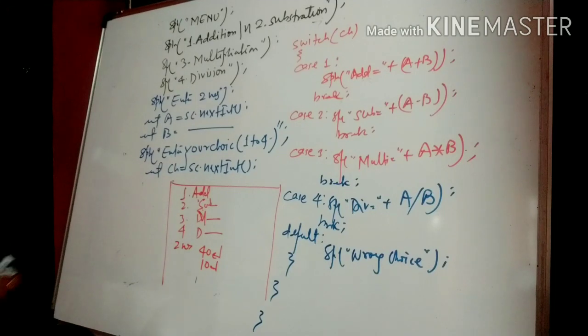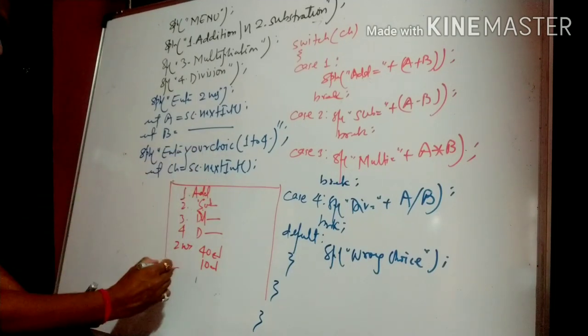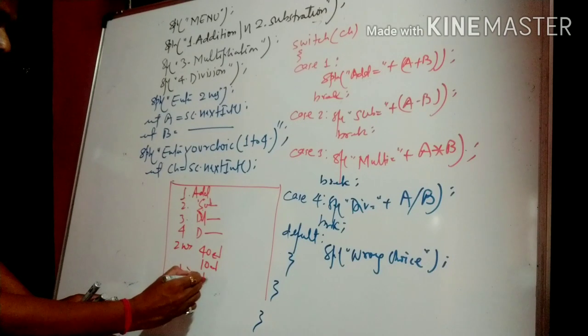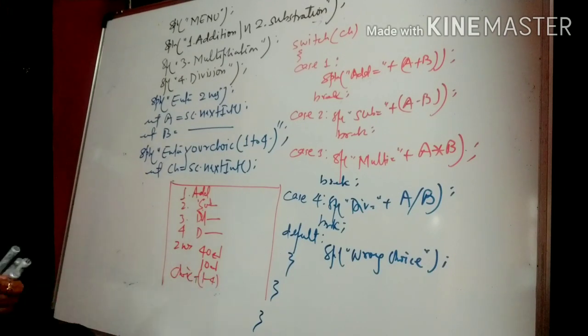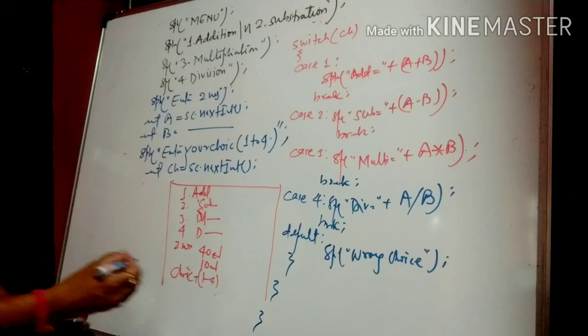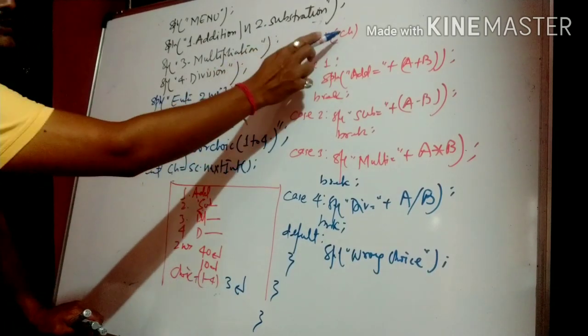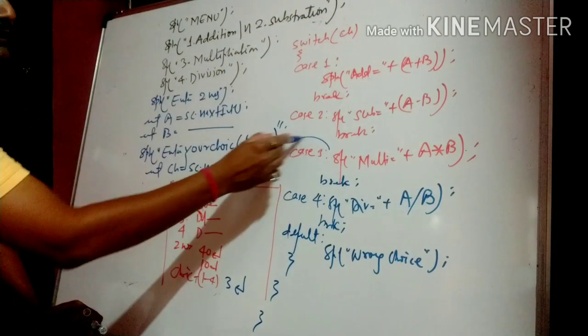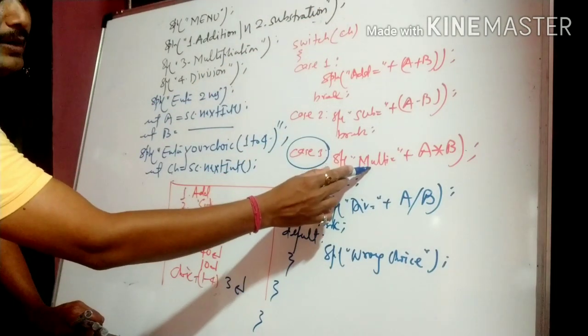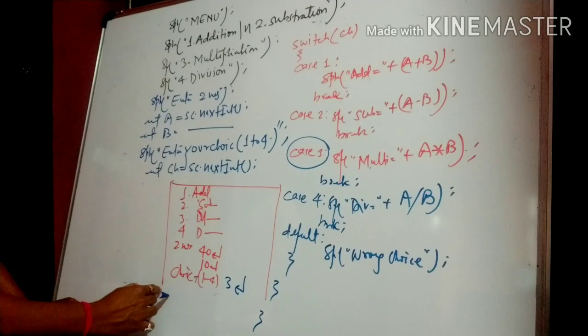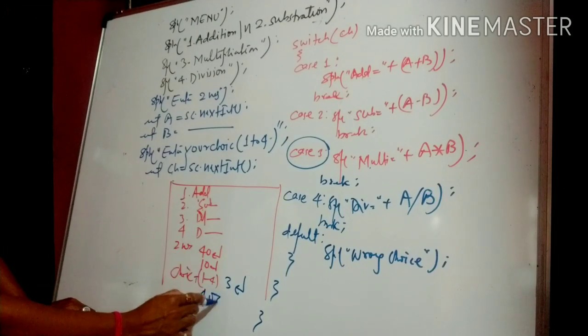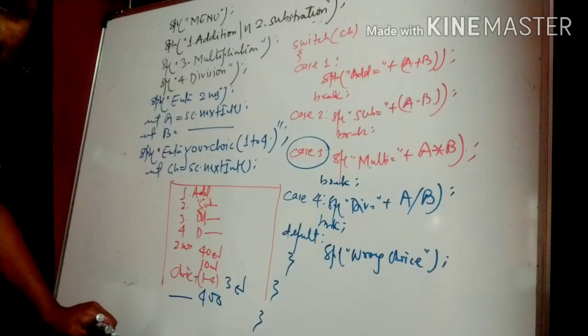Now enter your choice, you select any choice, that depends on you. Suppose you input 3 and press enter. The control variable ch will move to case 3 and it will display multiplication is equal to 400. That's all.